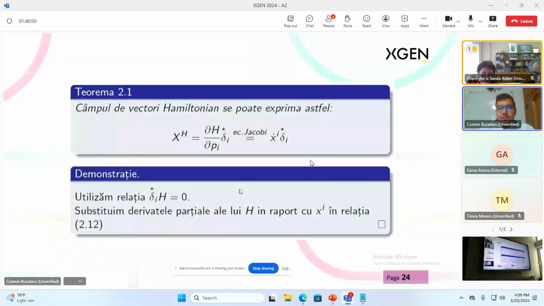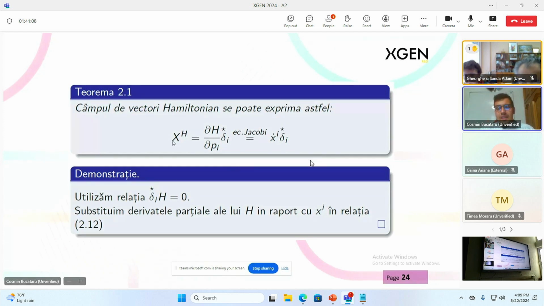And another two results, theorem 2.1: we wanted to show that the X_H, so the Hamiltonian vector field, is the dual notion of the canonical spray.